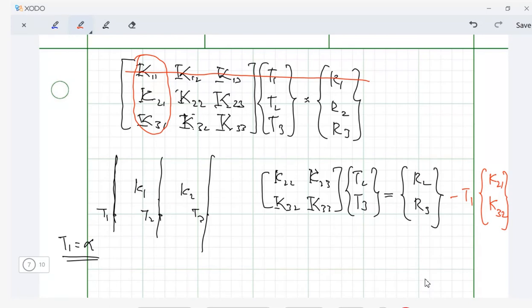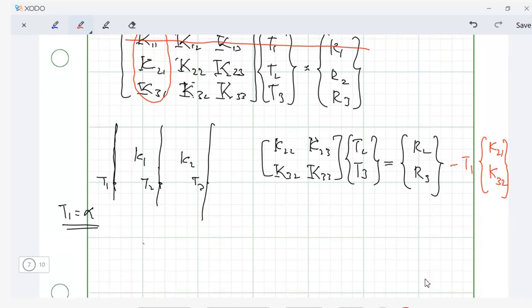If you are not confident with my math here, what you can do is just expand this K. Let's say this is K11 times T1 plus K21 times T2 plus K31 times T3 equal to R1. But T1 is already known, right?